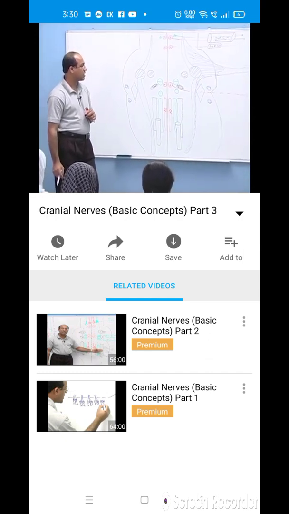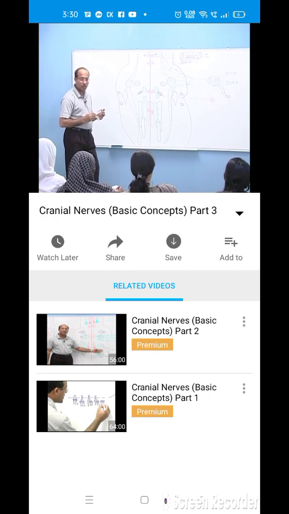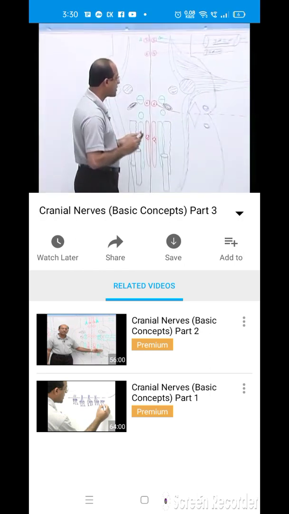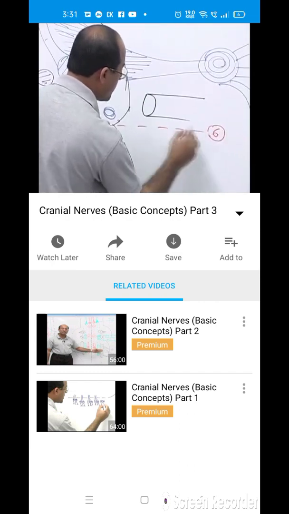Now we are left with the seventh nerve. Now you have to be careful. It's a very important nerve with very important connections. This is the facial nerve.